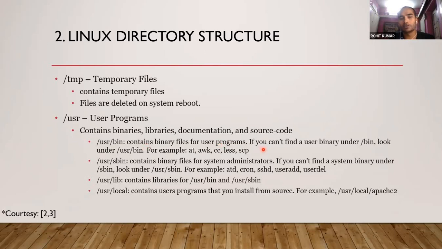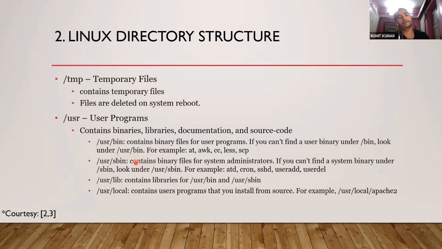If you can't find the binary under the bin folder, there is a bin folder and there is a user bin folder. Then you are supposed to look under the user bin folder, because that particular binary might be available only for some specific user. So if you don't have a particular binary file inside the root binary directory, then you check under the root user binary directory.